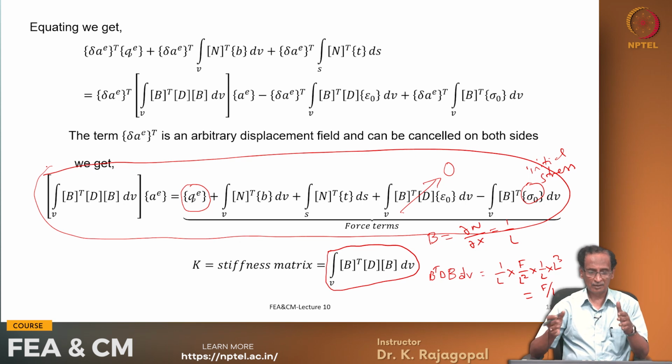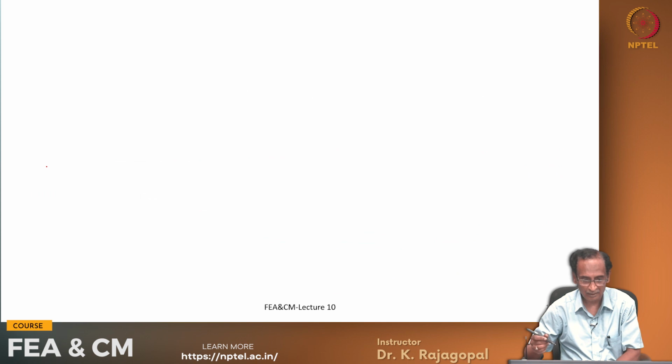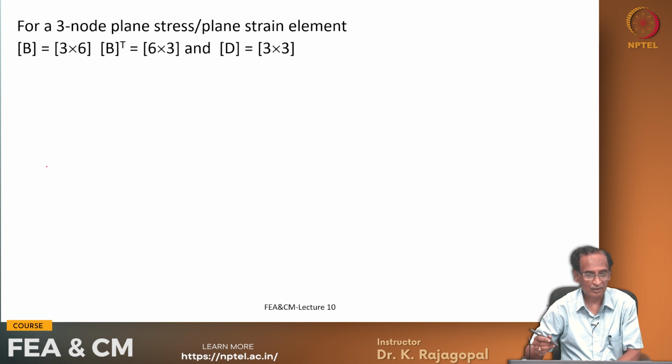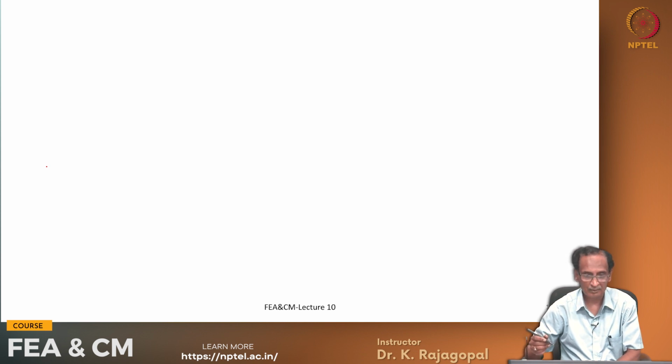If we are able to evaluate all these quantities, we should be able to solve our system of finite element equations for a continuum. I think this may be the last slide. Oh, sorry, I think I have some more.